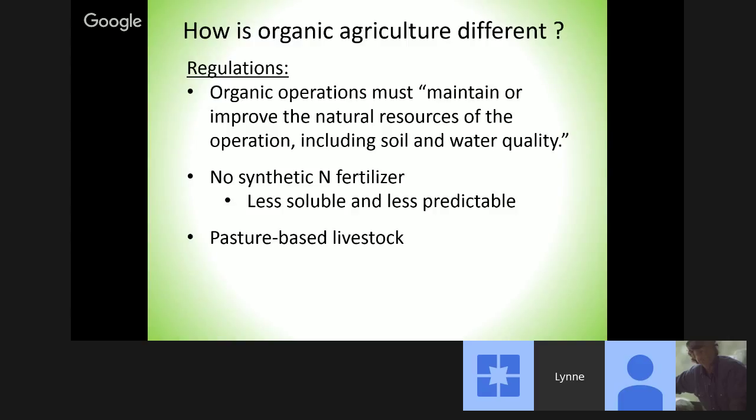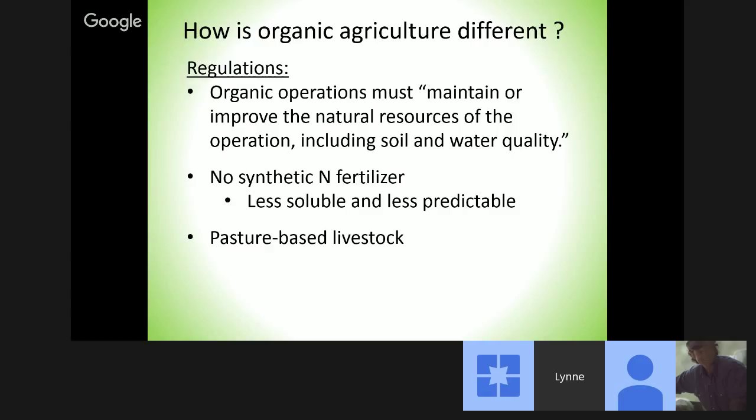So in trying to look at how organic agriculture might be different, organic ag practices are different partially because of the regulations on them, and partially because of just common practices in organic operations.